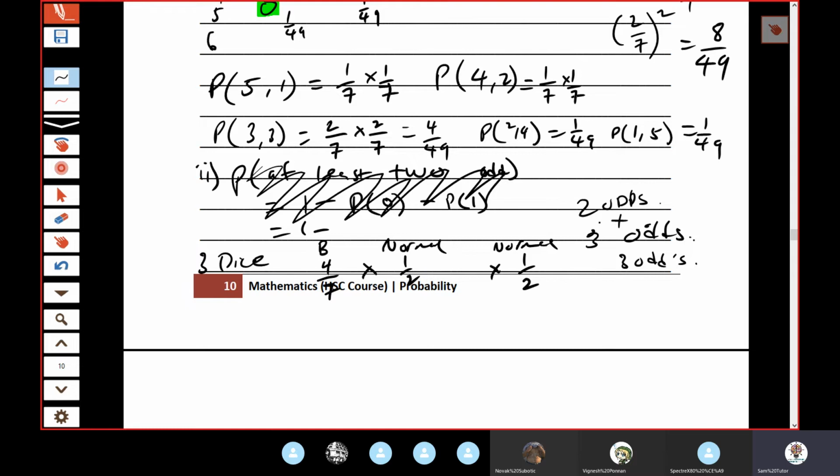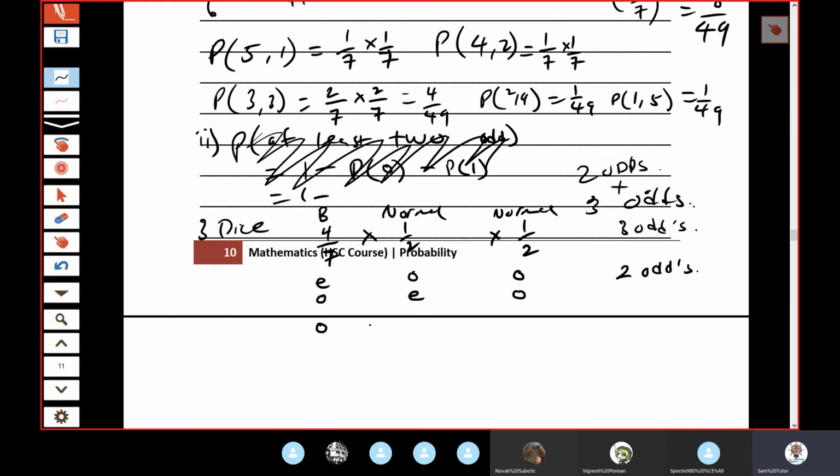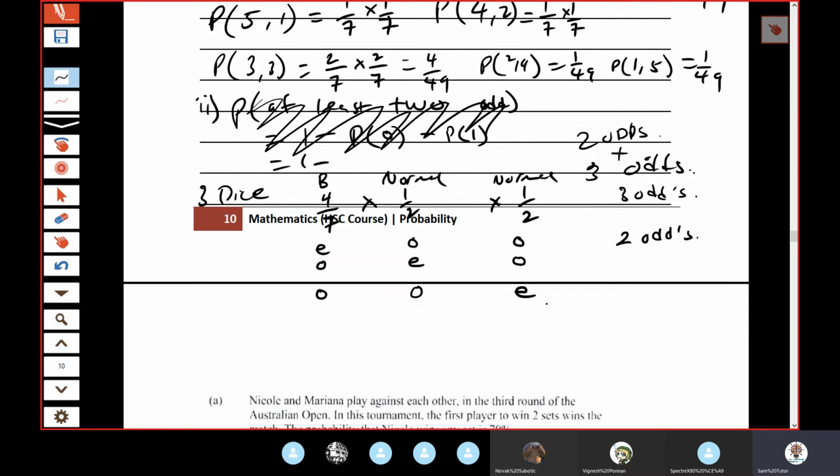And then for it to be 2 odds, there are 3 cases we've got to consider. It could be even here and odd on the others, or odd here, even, odd, or odd here and even here.